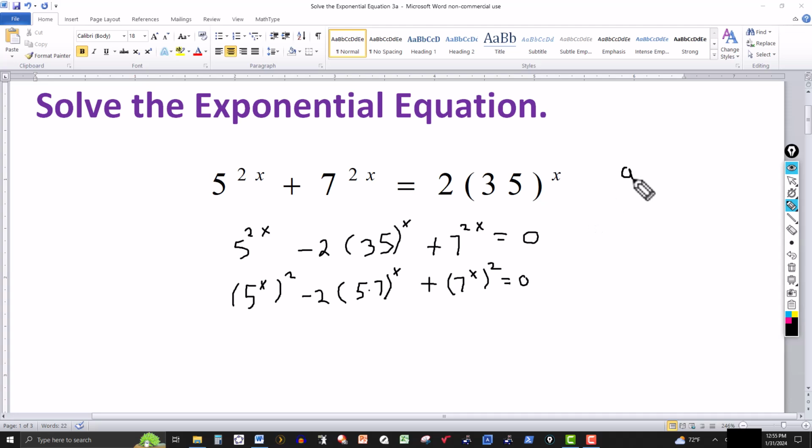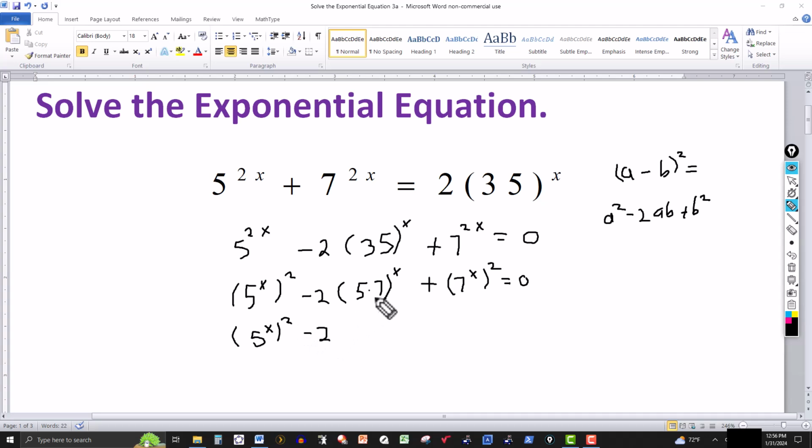Notice if I have a minus b quantity squared, that's going to be the same thing as a squared minus 2ab plus b squared. To make it a little more obvious, this is 5 to the x squared minus 2.